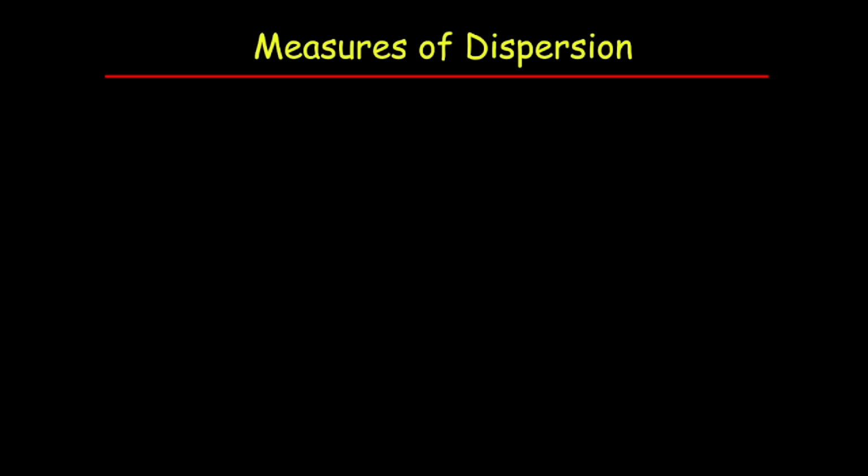Today I'm going to be talking about measures of dispersion. So first of all, I want to talk about a few different ways we actually categorize the range of data. So we know about the median. So let's just take a look at what we covered last video.